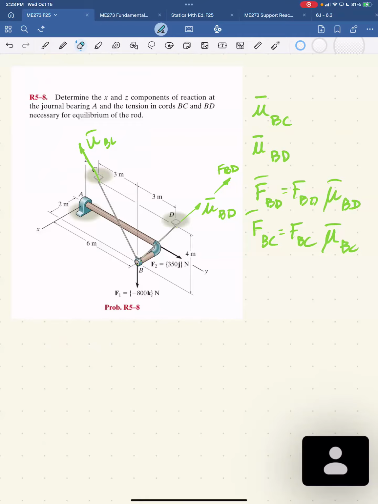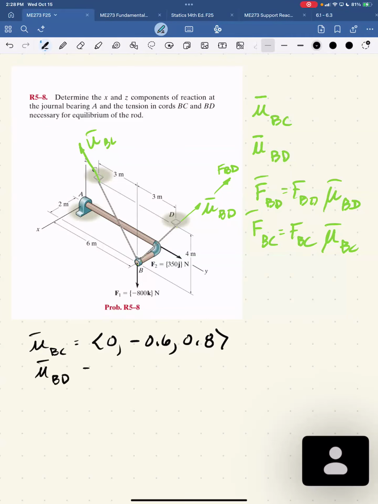UBC comes out to be 0, minus 0.6, 0.8. And UBD, these are vectors, is equal to 0, 0.6, 0.8. You might recognize that. That's the 3, 4, 5 triangle.